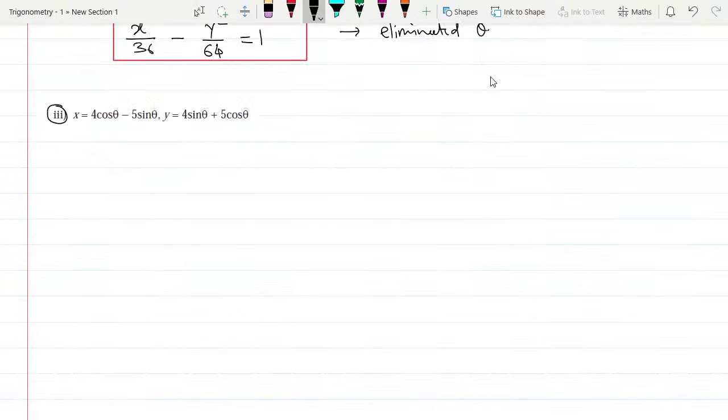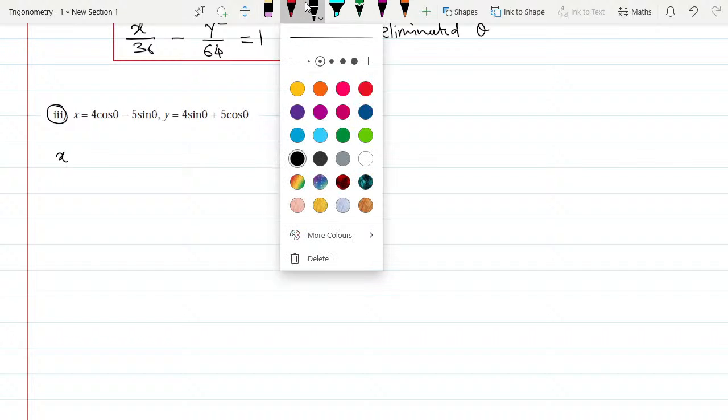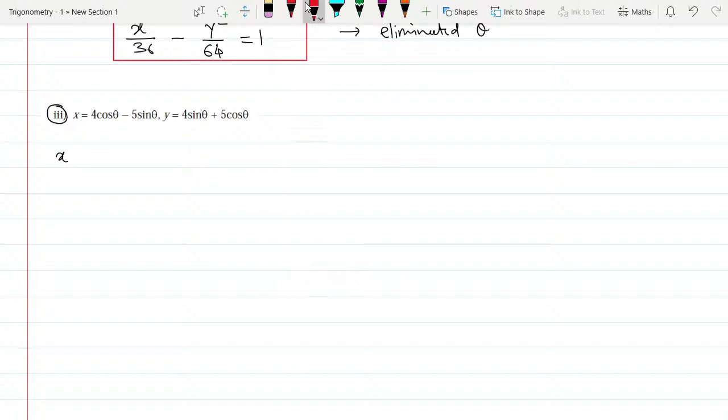So what it says is that x equals 4 cos theta minus 5 sin theta and y equals 4 sin theta plus 5 cos theta. Okay, so if this is the case, then how do we eliminate the theta from this question now?